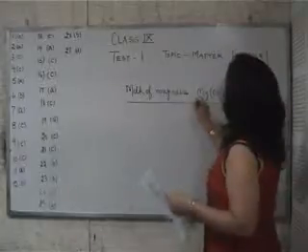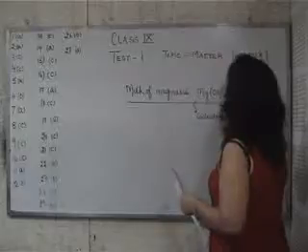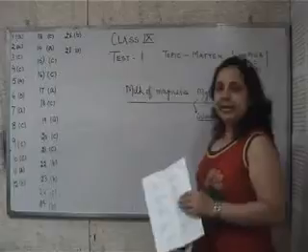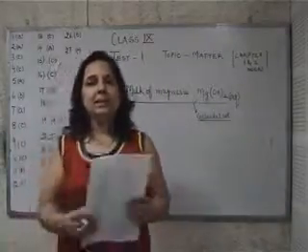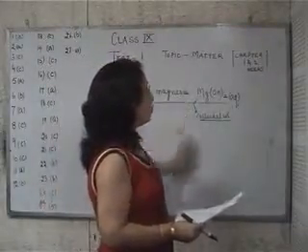This solution is a colloidal solution. It is a colloidal sol, which can later change into a suspension because of settling of precipitates. But in the initial stages, milk of magnesia is a colloidal solution.